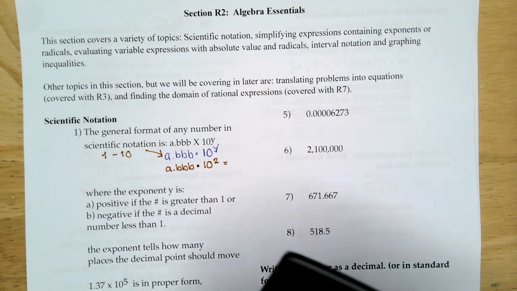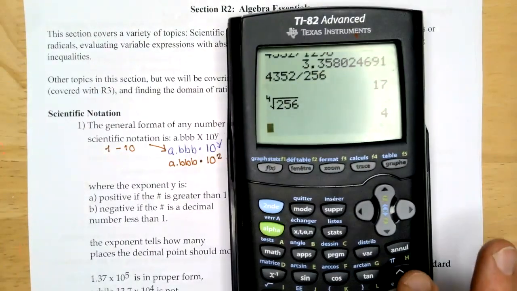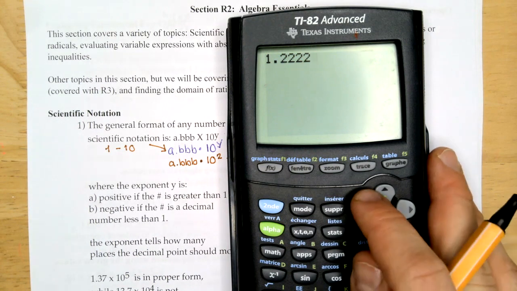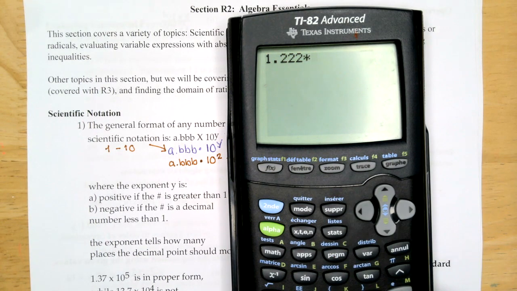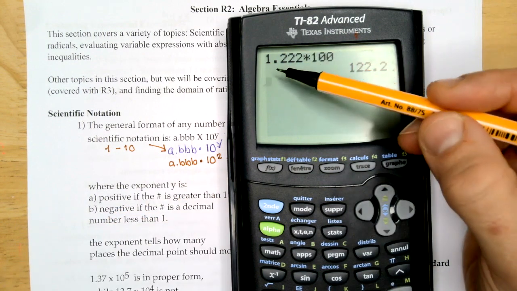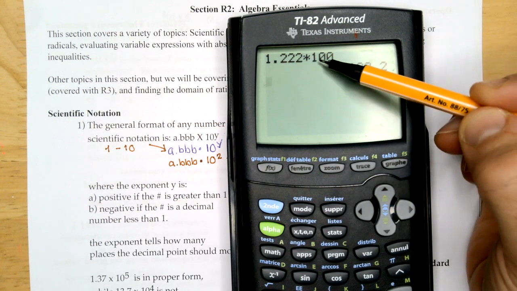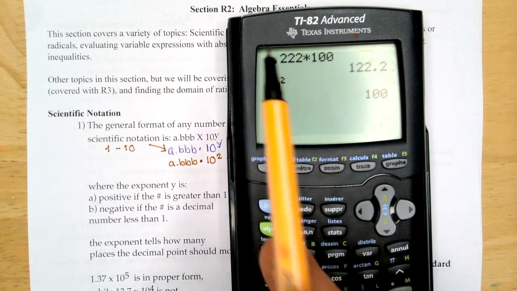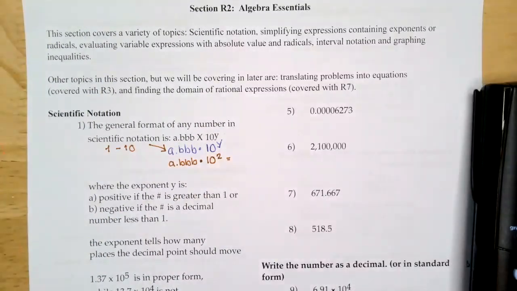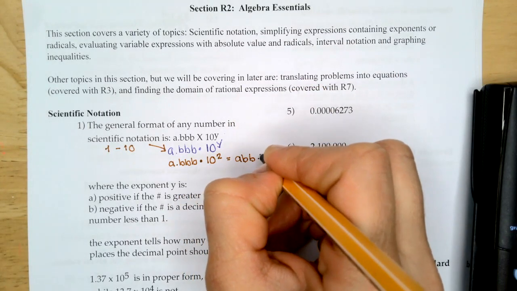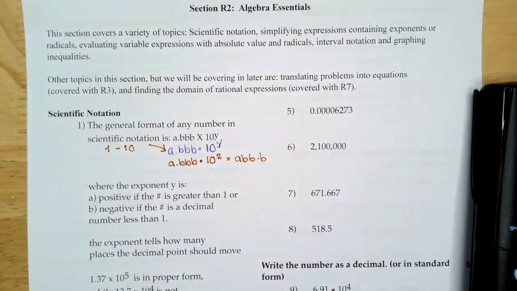If you take a number like 1.2 times 100, because 10 squared is 100, what happens with that 100 is that the decimal point moves over those two zeros. So that becomes 120. We moved it over 2.